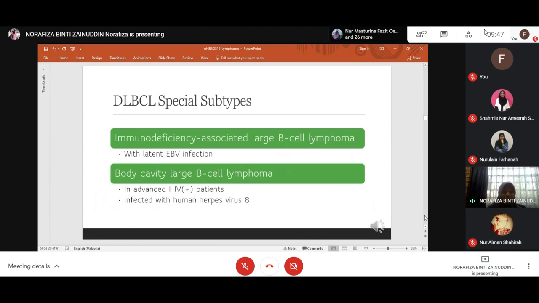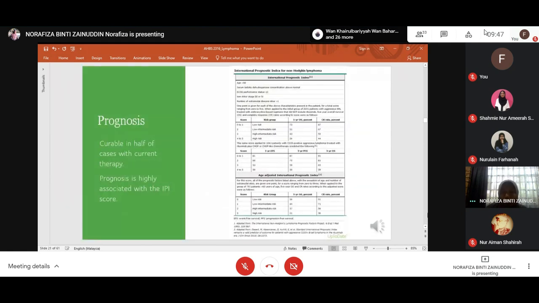This one is diagnosed in patients with HIV and those infected with human herpes virus 8. It arises as malignant pleural or ascitic effusions in these patients.